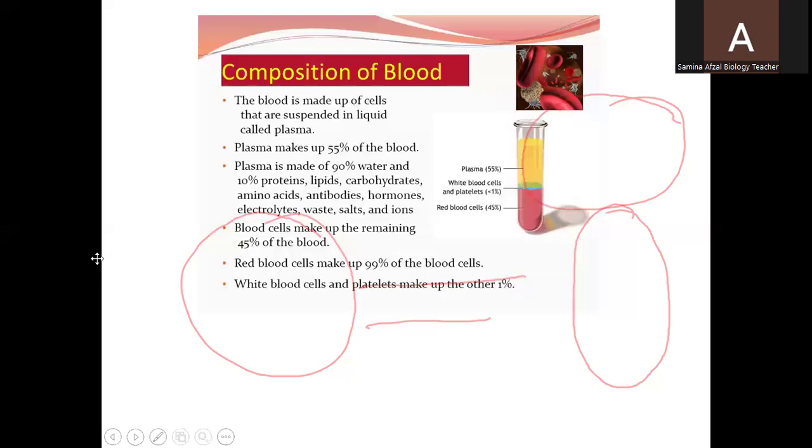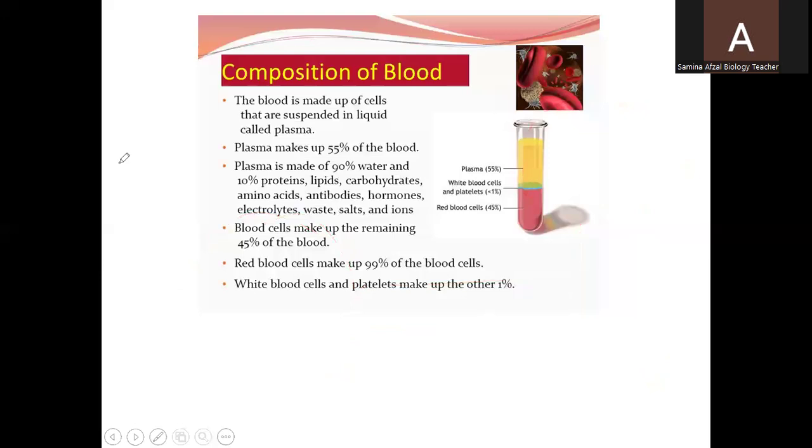Now I would like to discuss the composition of blood. Blood is mainly liquid, and blood is a tissue. Tissue means many cells are present in the blood. So blood is made up of cells that are suspended in a liquid. The liquid portion is called plasma.